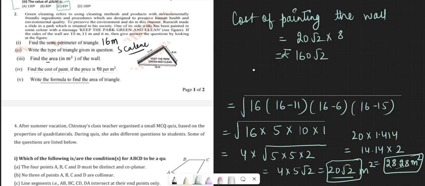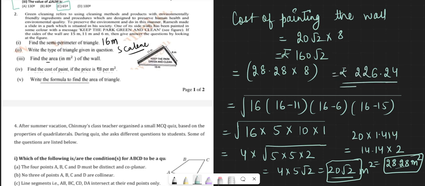Or I can go for 28.28 into 8. If you multiply these two, 8 8s are 64, 6 carry, 16 plus 6 is 22, 2 carry, again 64, 2, 66, 6 carried, again 16 plus 6 would be 22. So this is the cost in rupees approximately, or I could go for this number.